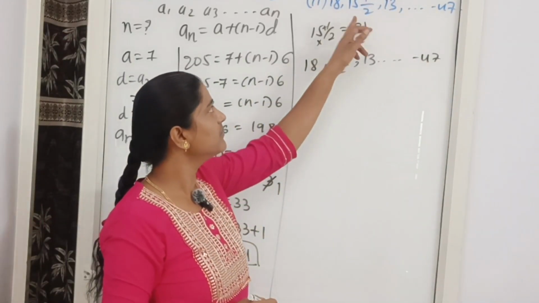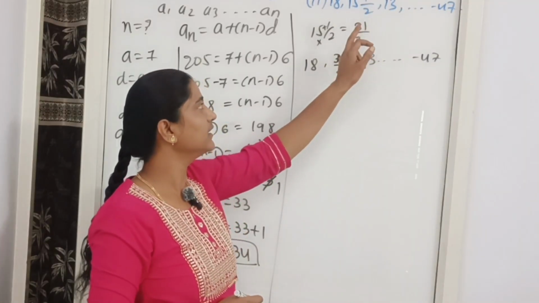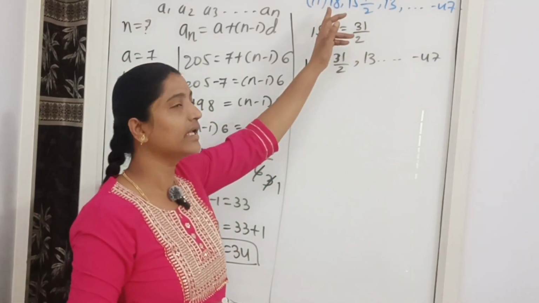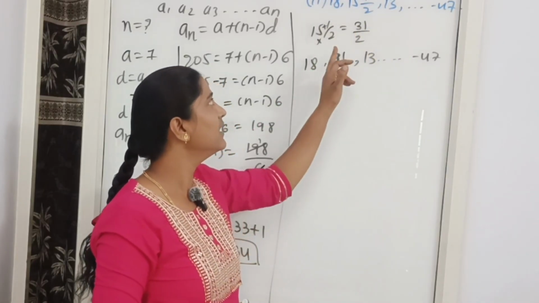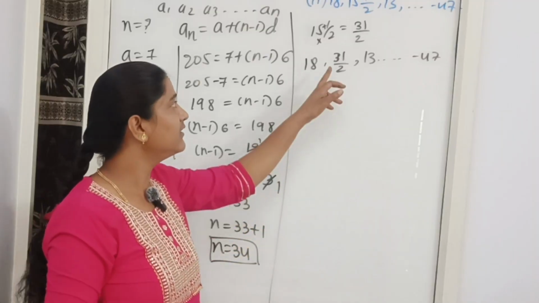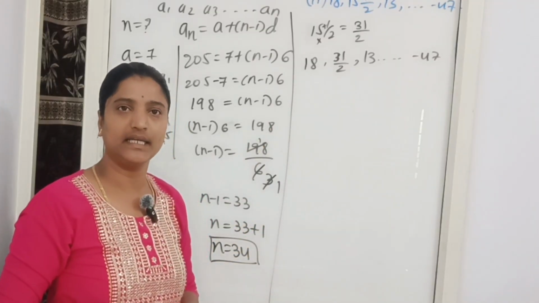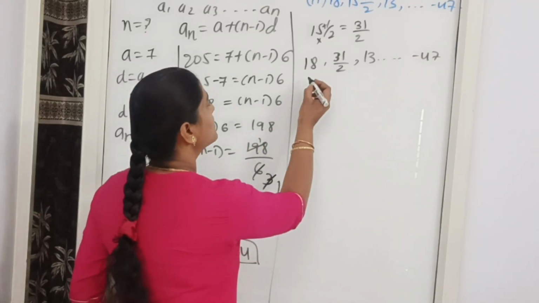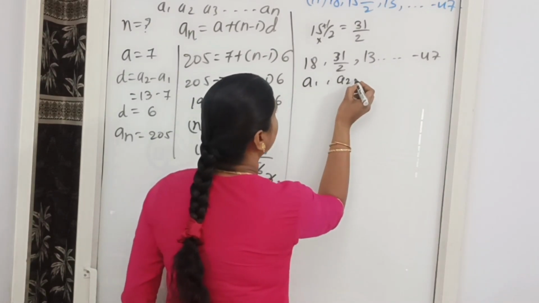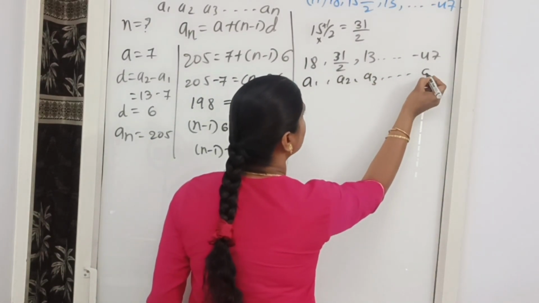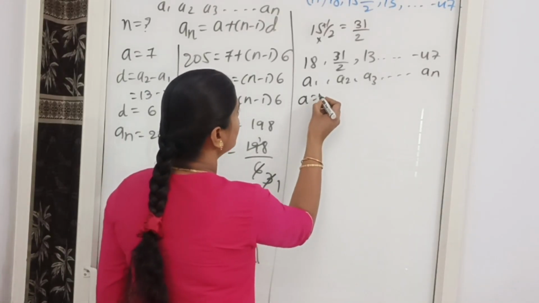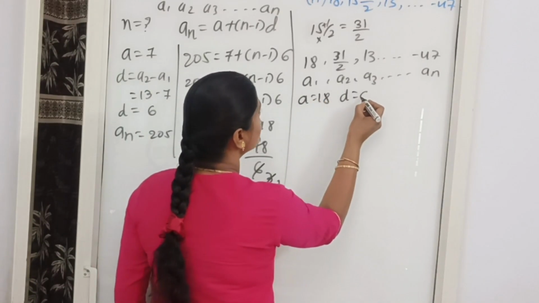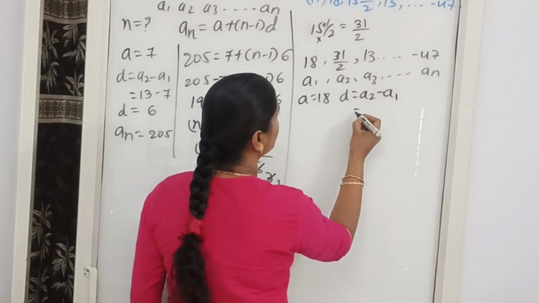See, in the term only, you can simplify as much as possible. That is why the second term is 15 to the 30 plus 1, which is 31 by 2. 31 by 2 won't divide directly, so you can take it like that only. So this is A1, A2, A3 and the last term is AN. Here A is 18 and D is A2 minus A1.